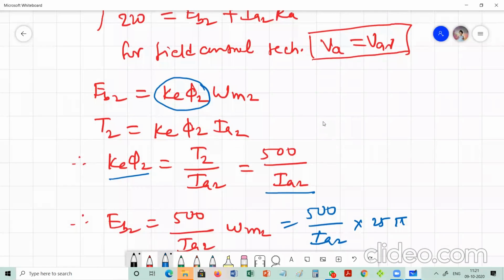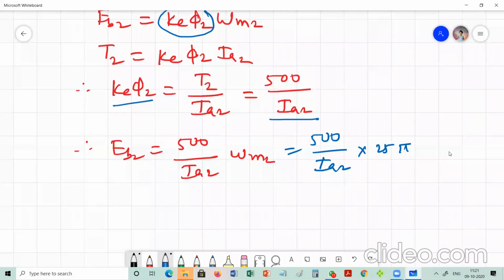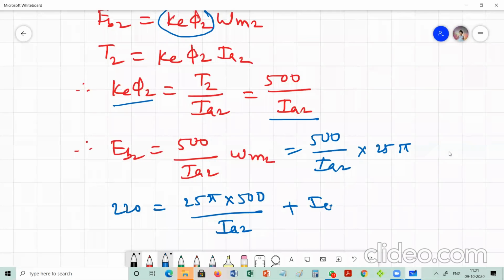So we write this value in the equation: 220 is equal to EB2, that is 25 pi into 500 divided by IA2, plus IA2 RA, where RA is 0.02.